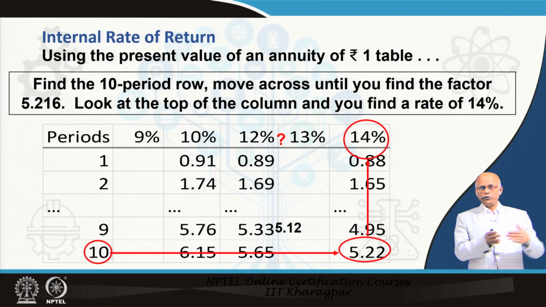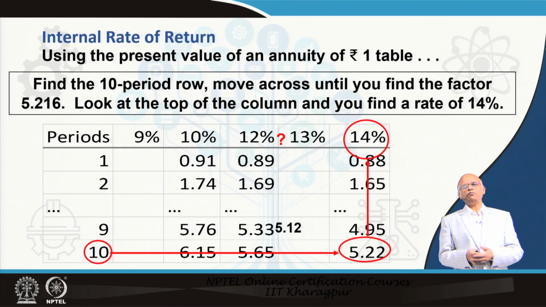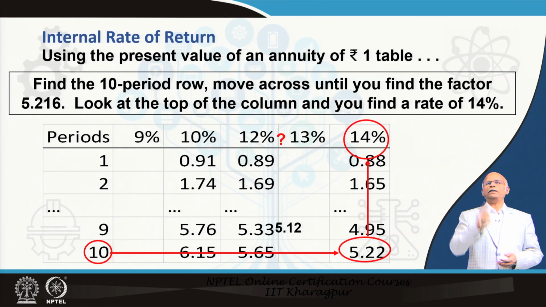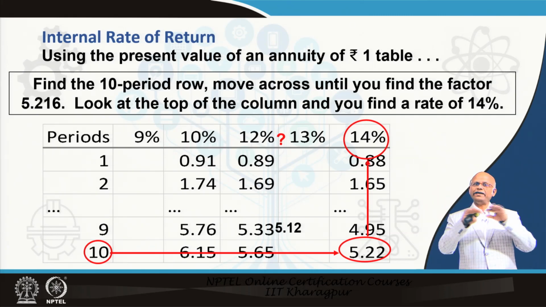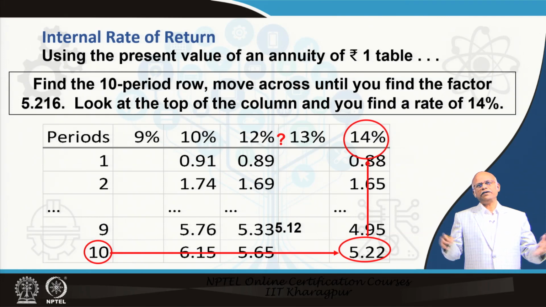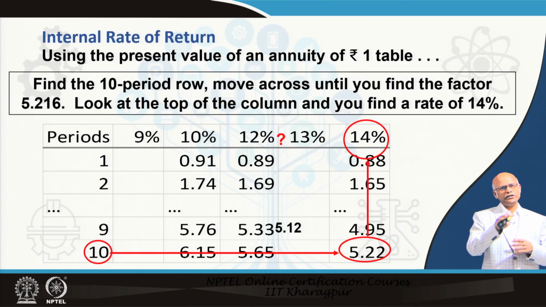You move rightward, hit upon 5.22, and then move upwards, and you see it is 14%. The top row has the interest rate or return rate, it is 14%. That means this business is returning at the rate of 14%. So, IRR is 14%.